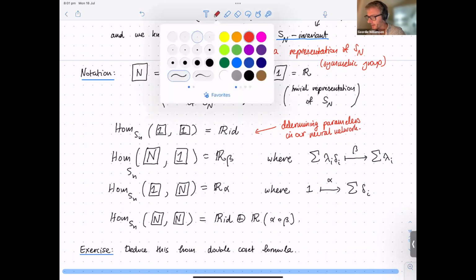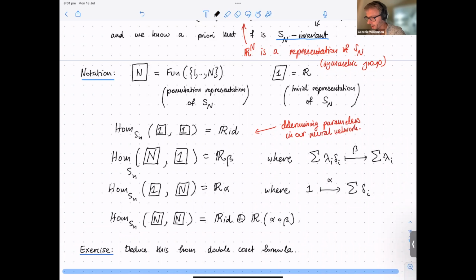So let's take this example. What we're asking is, if we just view this as a vector space, it's just R to the N. So if we look at vector space homomorphisms from R to the N, the dimension is R to the N squared.